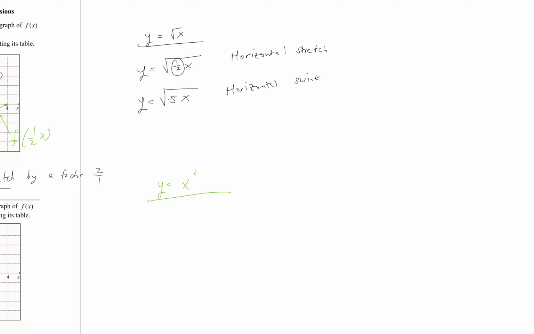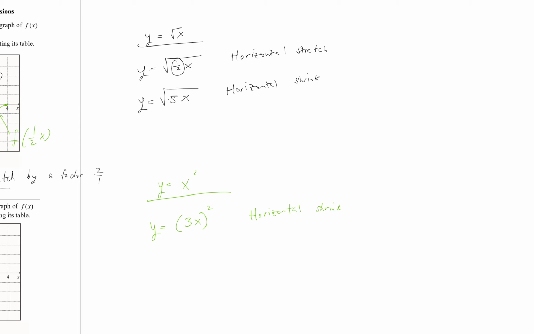Look at the difference. y equals, I'm going to put 3 inside with x like that. I deliberately wrote it that way so that it's horizontal. Remember, since it's inside with x, you do the opposite. So instead of multiplying by 3, I'm going to multiply by 1 over 3. That's a small number, so it's horizontally shrinking or squeezing.